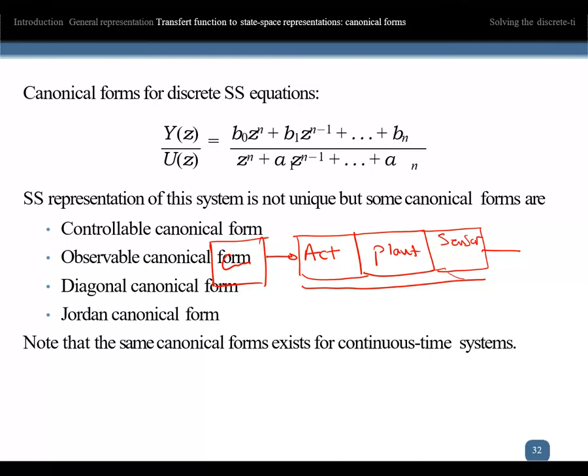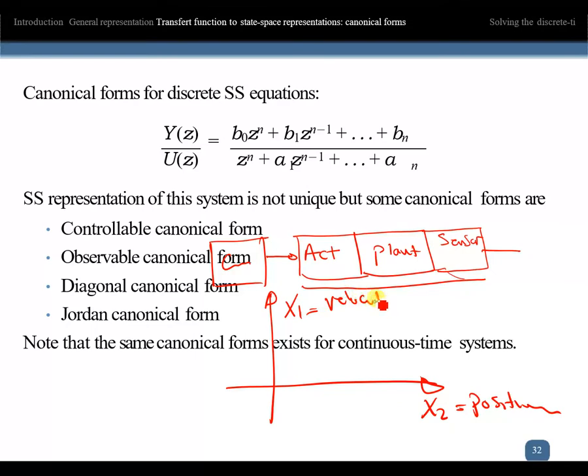We can give an example. What's the meaning of controllable? If you have a car, the car has two states. Imagine one of them is velocity and one of them is position, x1 and x2. If you can measure both of them in any state, your system becomes observable. If you can reach any of them, it is controllable.